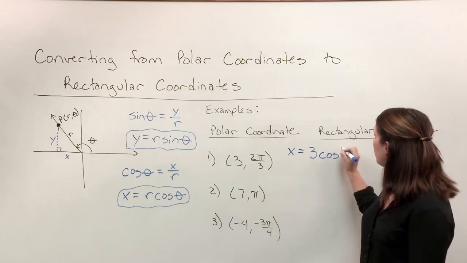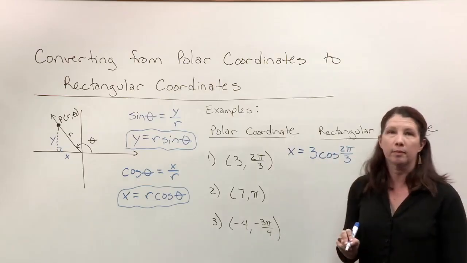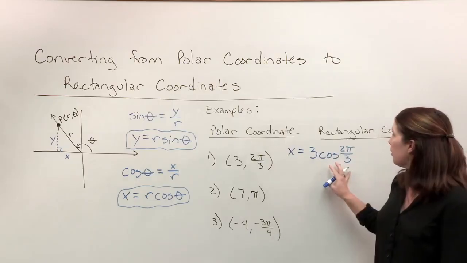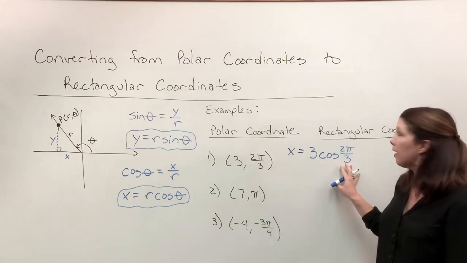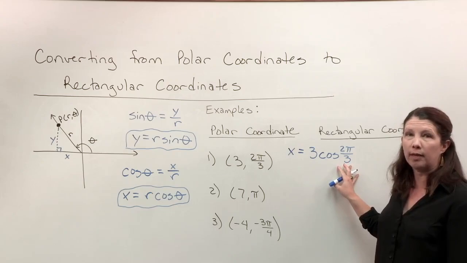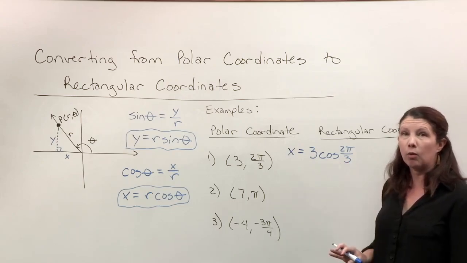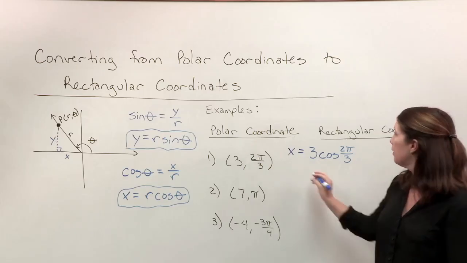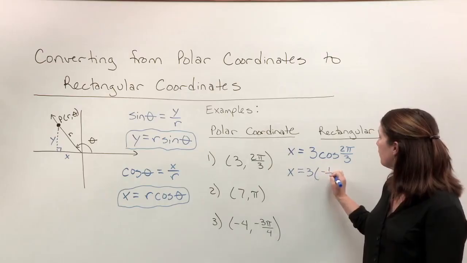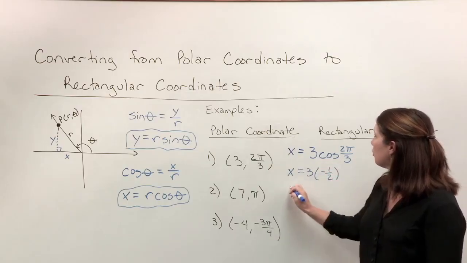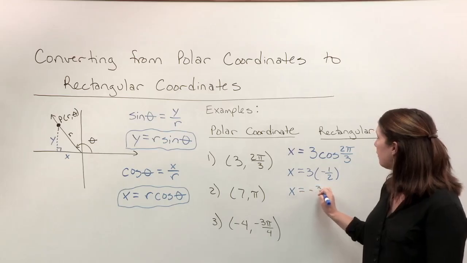In this case, r is 3 and theta is 2 pi over 3. Thinking about cosine of 2 pi over 3, we see that it has a reference angle of pi over 3. The angle lies in quadrant 2 where cosine is negative. So the cosine of 2 pi over 3 is negative 1/2. And our x coordinate is negative 3/2.